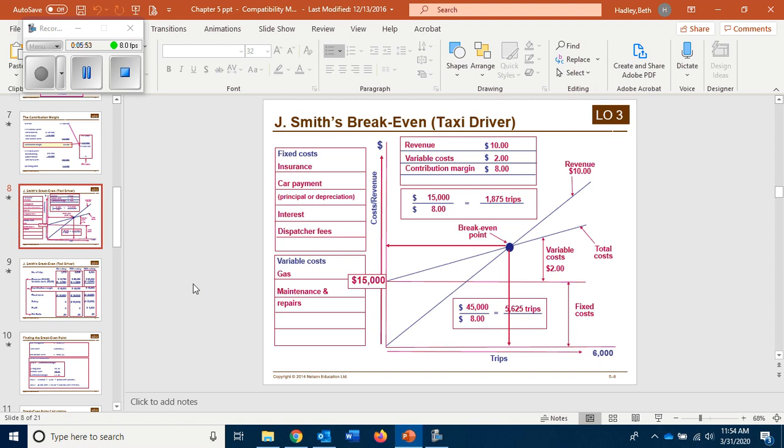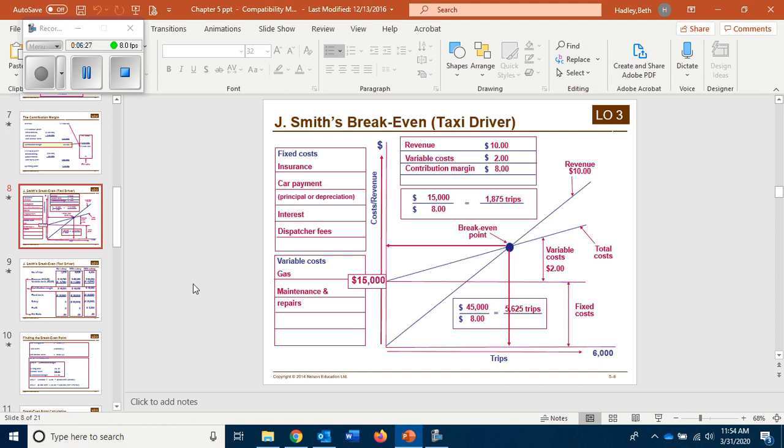So we've been able to figure out that for every $10 in revenue, we have variable costs of $2. Therefore, we have a contribution margin of $8. And as we mentioned before, that $8, that contribution margin, is the amount that contributes towards paying off our fixed costs. And you see the list of fixed costs there along the side.